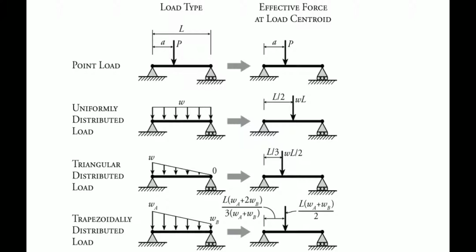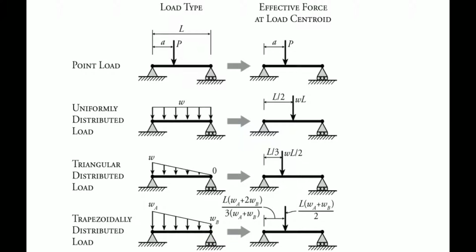Then trapezoidal distributed load. Trapezoidal distributed load means having both uniformly distributed and uniformly varying load. If I write a horizontal line, that means uniformly distributed and uniformly varying load. Both loadings at the same time means it is trapezoidal loading.